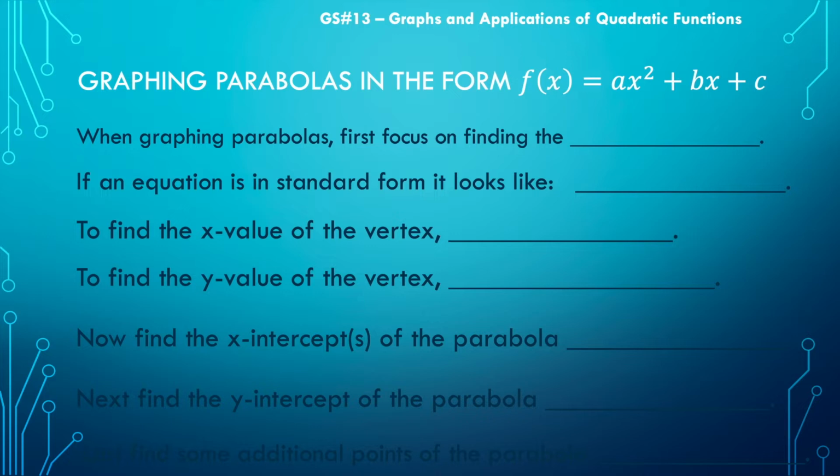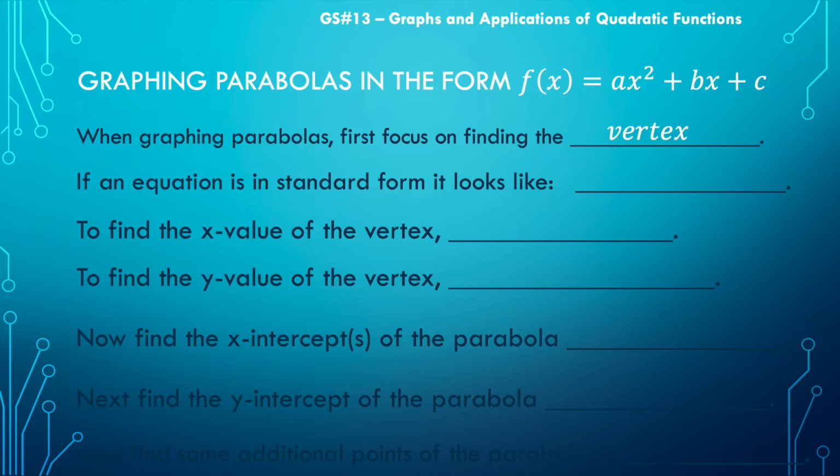So when we graph a parabola, the very first thing we want to focus on is finding the vertex and plotting that, because that is the key point of a parabola. It is the point where the graph changes from increasing to decreasing or vice versa.